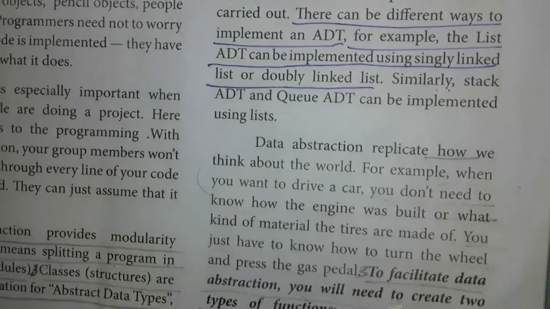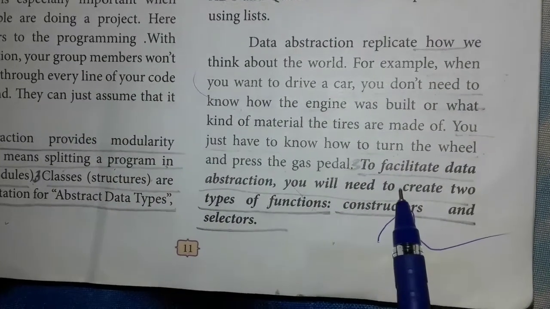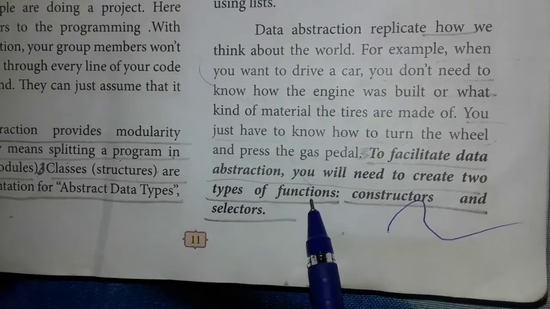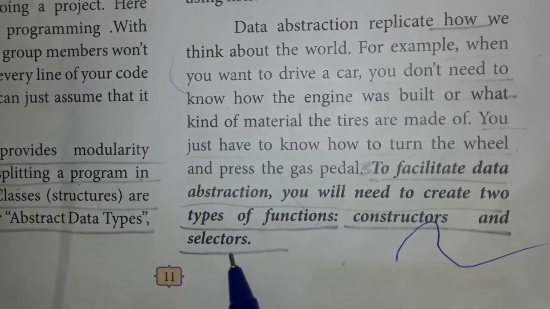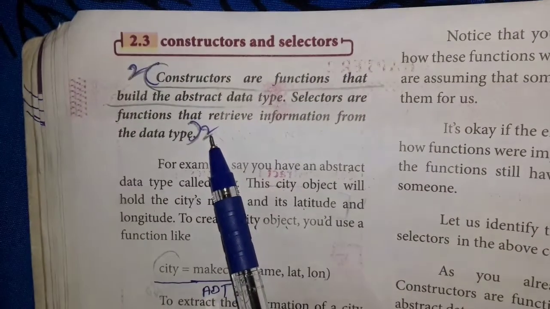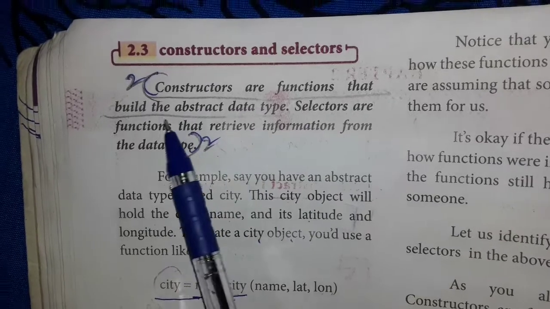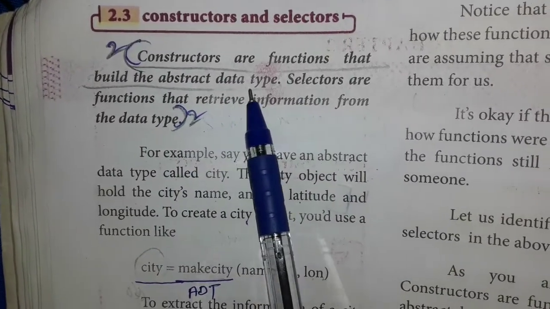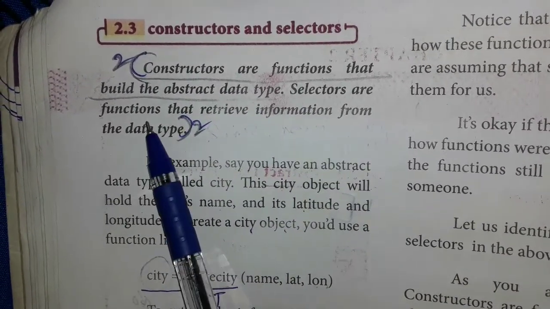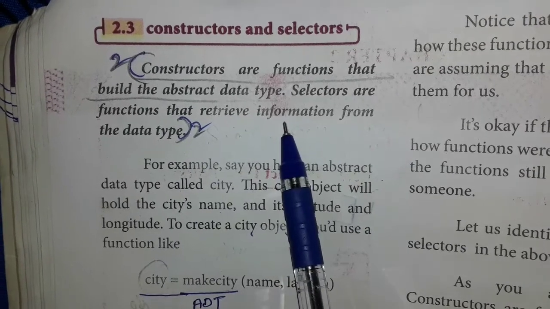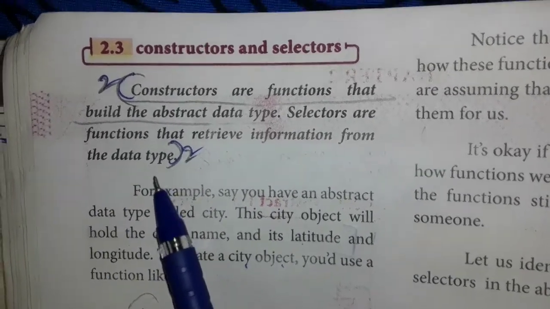To facilitate data abstraction, you need to create two types of functions, constructor and selector. Constructors are functions that build the abstract data type. Selectors are functions that retrieve information from the data type.